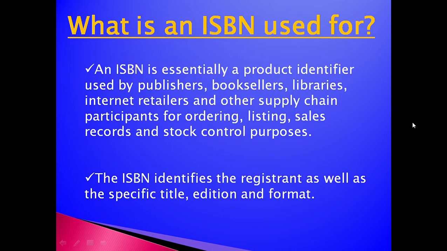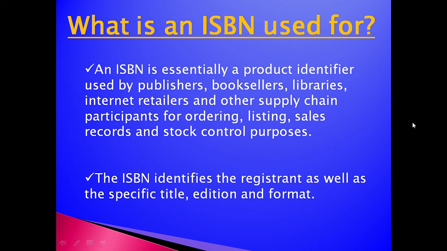And what is an ISBN used for? Ma'am, why do we need to keep all these things? Because we already have lots of fields, it is essential. Why is it essential? To identify a particular publisher, bookseller, libraries, and for ordering.